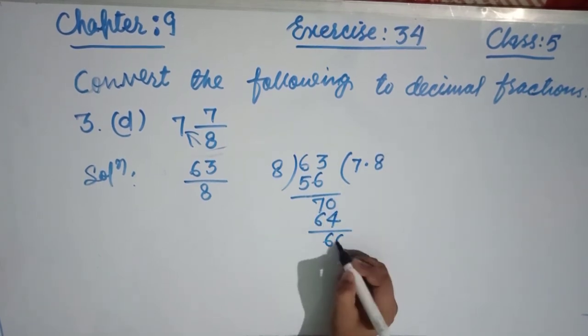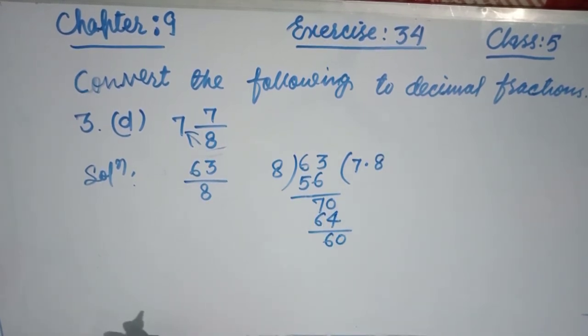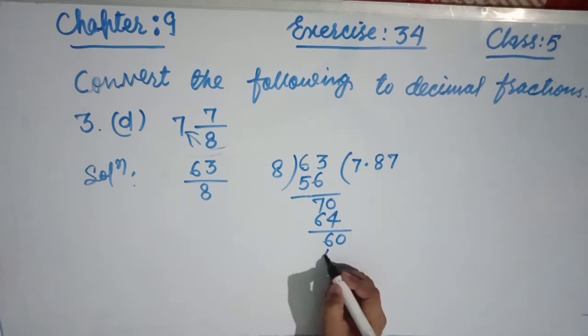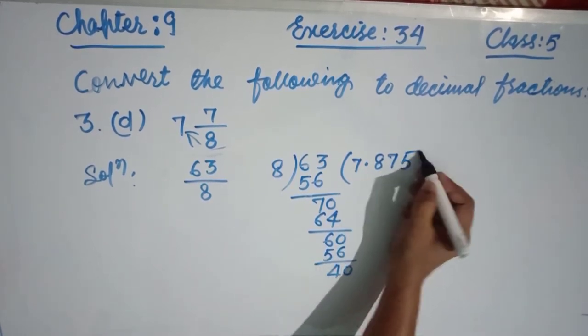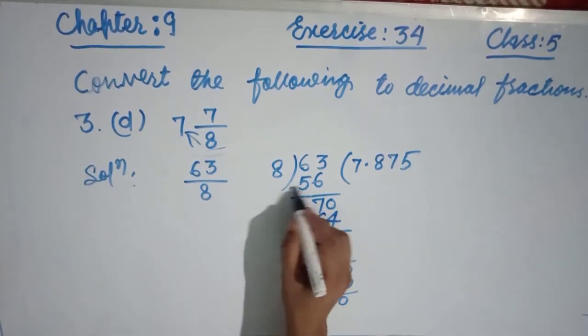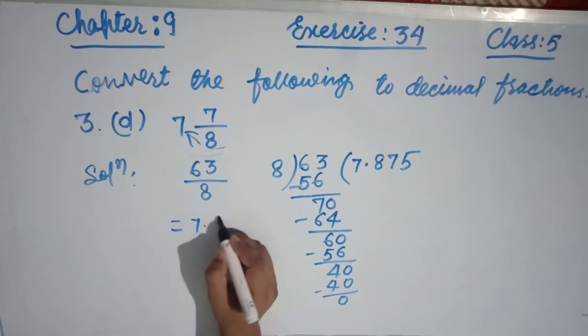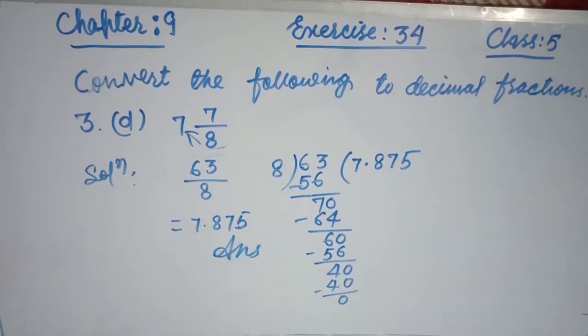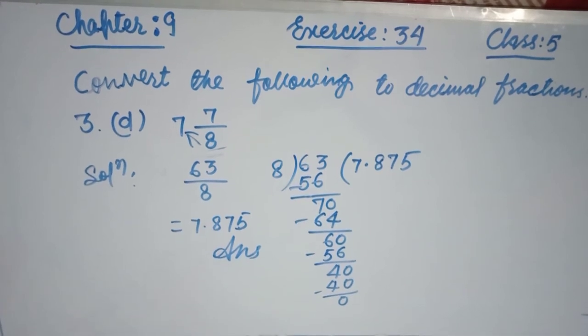So 6 is here, 0. Now apply 8 sevens are 56. So 4 0, 8 fives are 40. So this is your answer friends. Your answer is 7.875.